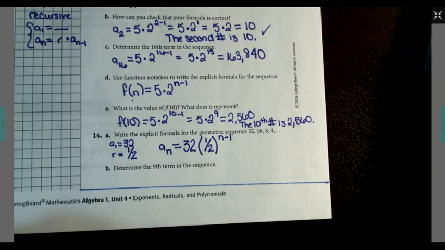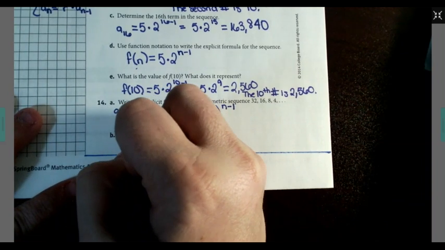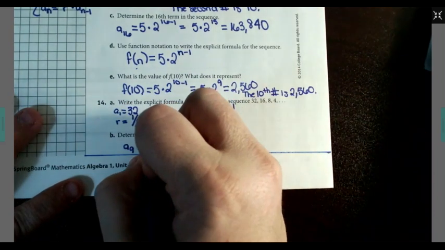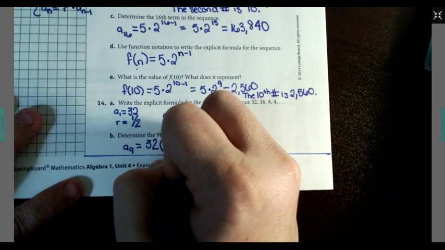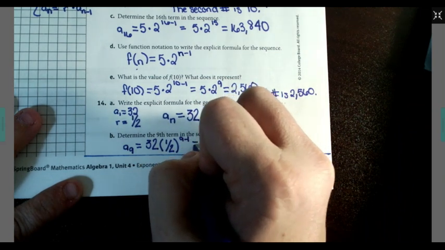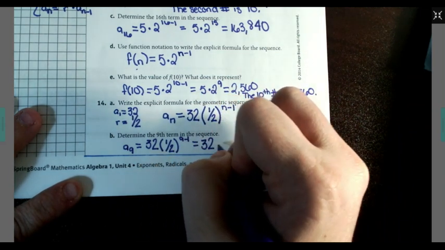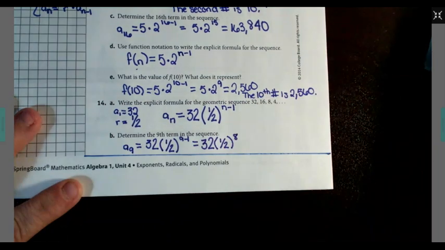It asks me to determine the 9th term in the sequence. So we're going to do a sub 9 equals 32 times the 1/2. We got 9 minus 1 here. So that's 32 times 1/2 to the 8th power.